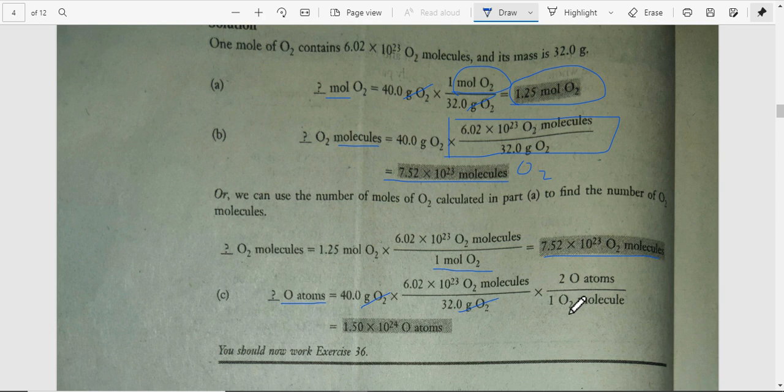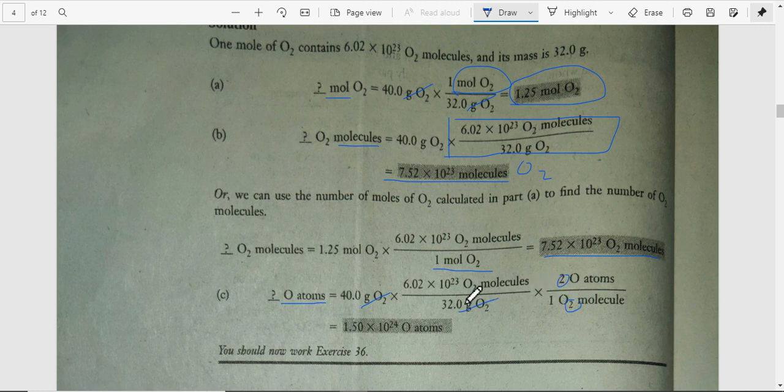If you are given your O2 molecules, okay, in every one O2 molecule, you have two oxygen atoms. That 2 signifies the number of oxygen atoms together with a certain element or compound.